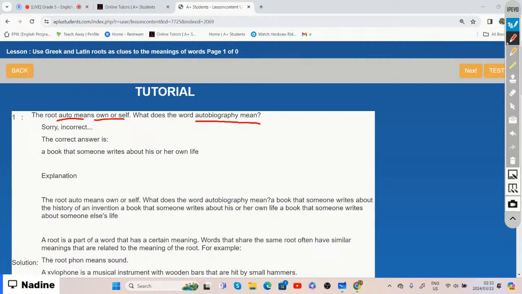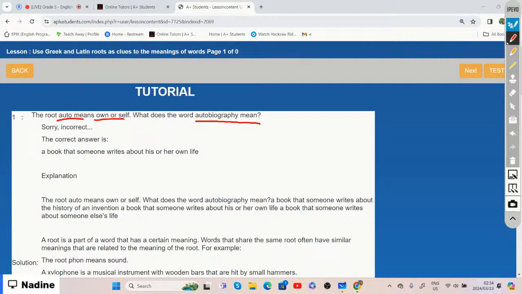So I'm not sure if you guys heard about the word autobiography already. So if auto means own or self, then basically an autobiography is a book that someone writes about your own self, right?